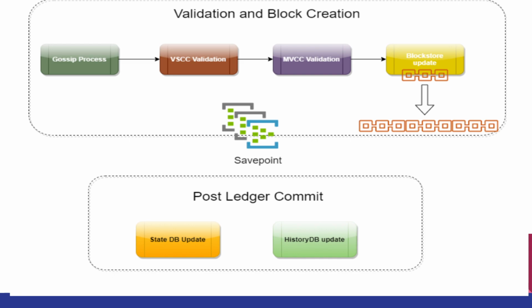And in the second phase, when they finally get the block from the orderer, they do another set of validations. So there are four processes mentioned in the first block, the validation and the block creation: the gossip process, VSCC validation, MVCC validation, and then the block store update. I will describe each and every process in the next slides.